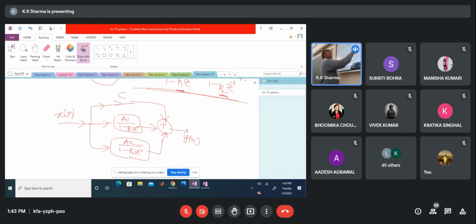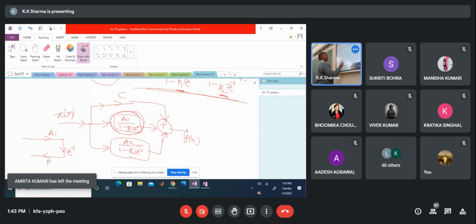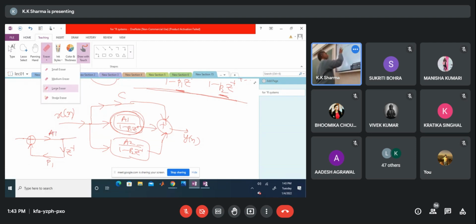What will be the implementation of an individual block like this? It will be a forward path gain with A1 and a loop with a gain of, or let me write it like this.